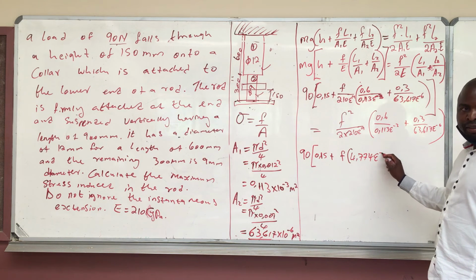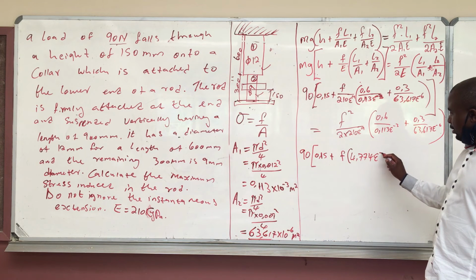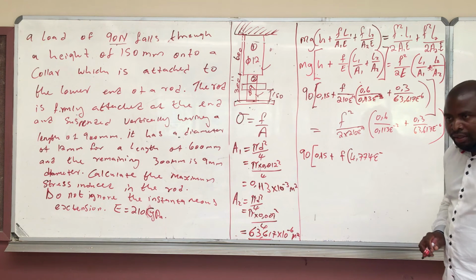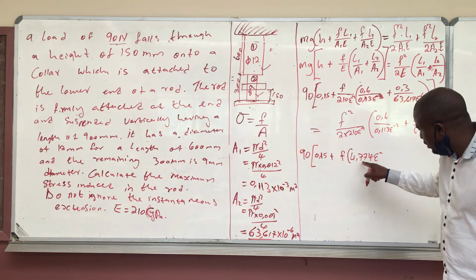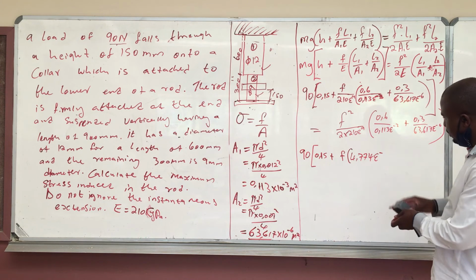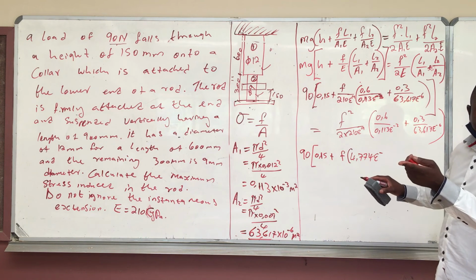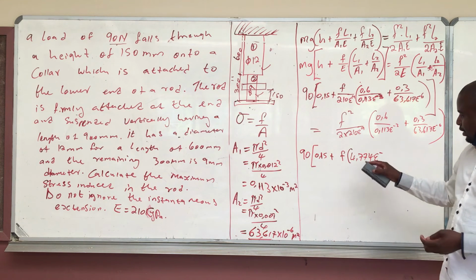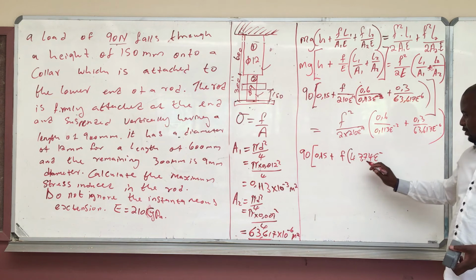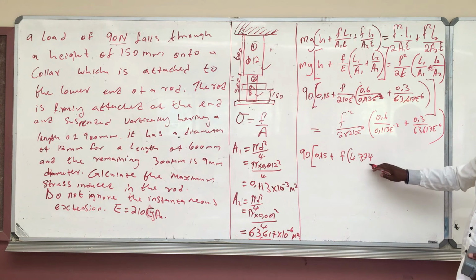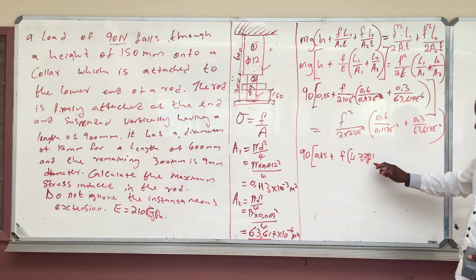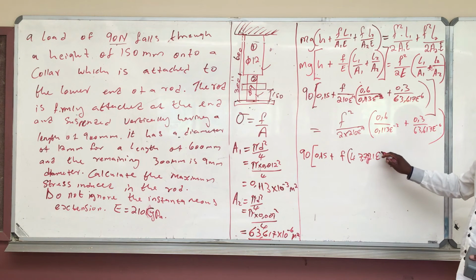Exponent negative 9. 47,605 times 10 to the power 9.